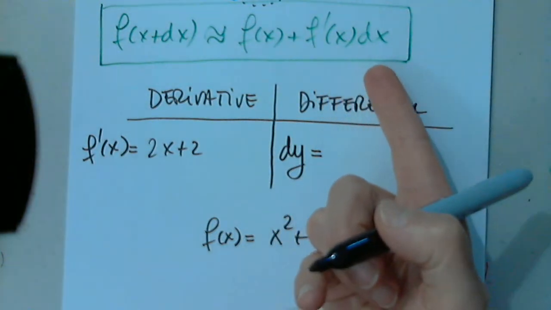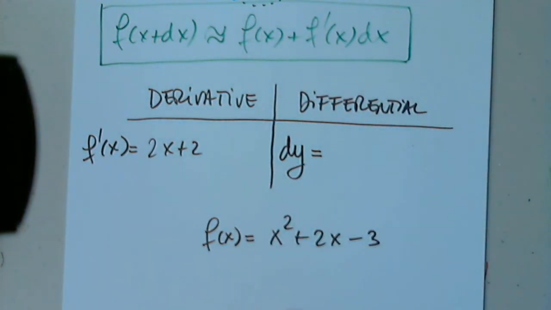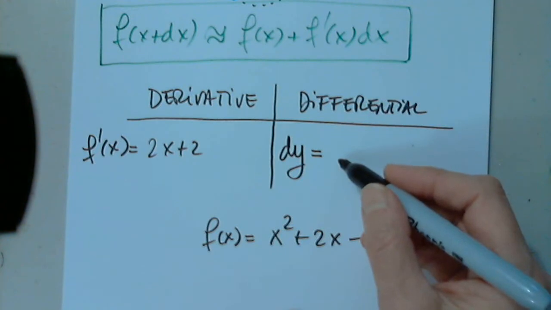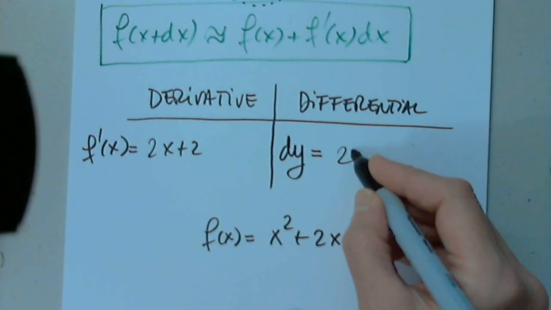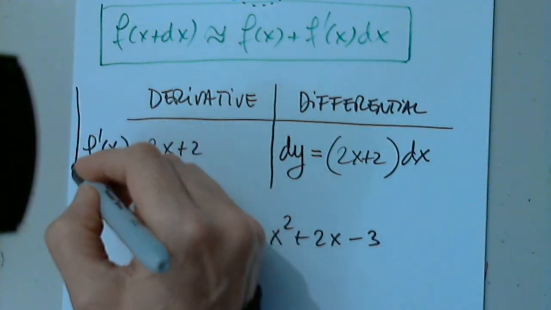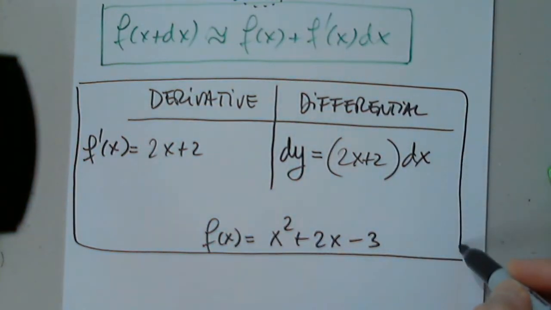We just have to use the formula. We just have to plug it in. There is no operation, no calculations are required. Just use the formula. The 2x plus 2 times dx. That's it. So please understand and remember this, carve it in stone. They're not the same.